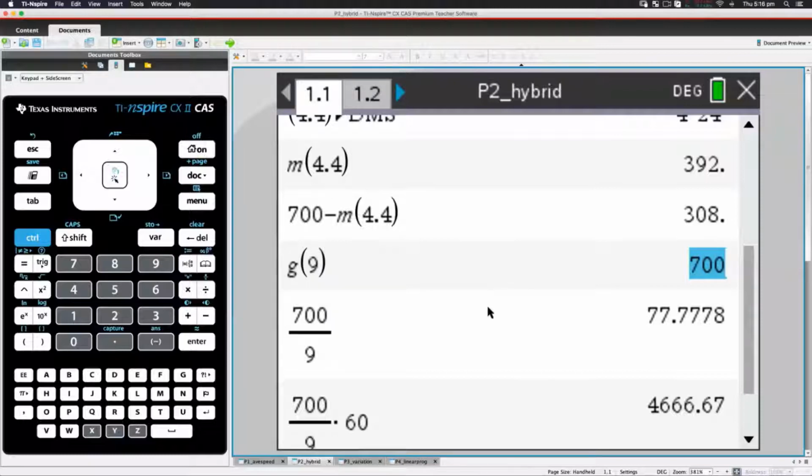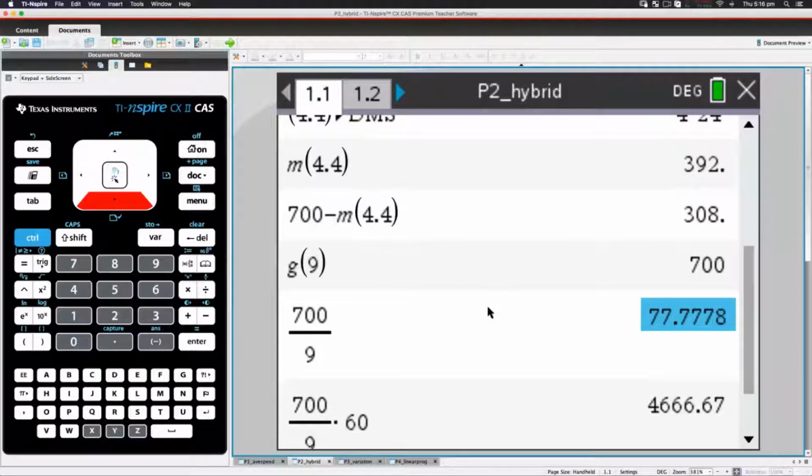Okay, and then the final question is, what speed should Massimo walk so that he arrives at the station at the same time as Jerry arrives at the house? So he's just got to do 700 metres in 9 minutes, which gives you that's the number of metres a minute.